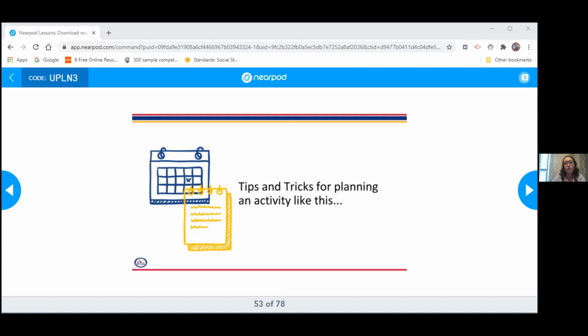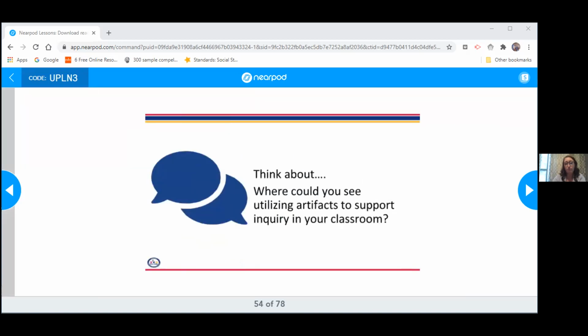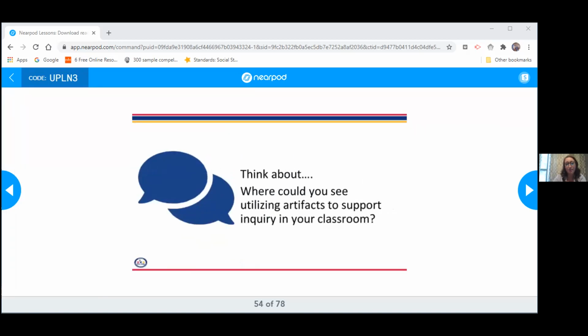You might also want to model this with maybe not as many as 6 artifacts, but you could model it first with them using even just everyday items. I actually participated in a professional development session where somebody just brought in stuff from the trash and we had to make these connections to it. So you could start with something like that.